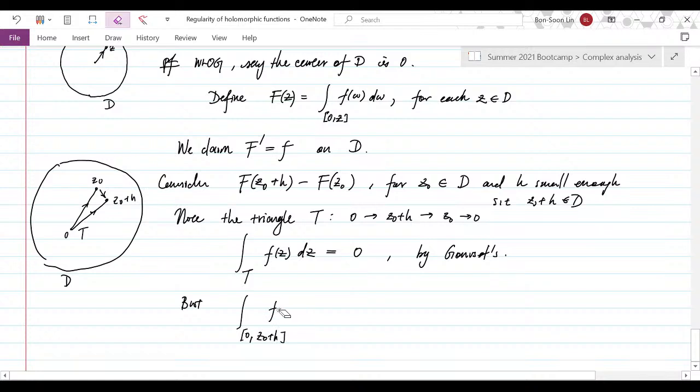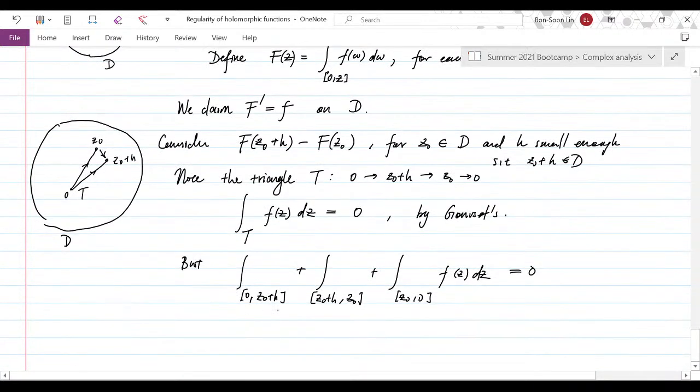Plus, this is z naught plus h to z naught plus z naught to 0 of f of z dz, it is 0 because this is just T, and this part right here is precisely f of z naught plus h. This part right here is precisely negative f of z naught.